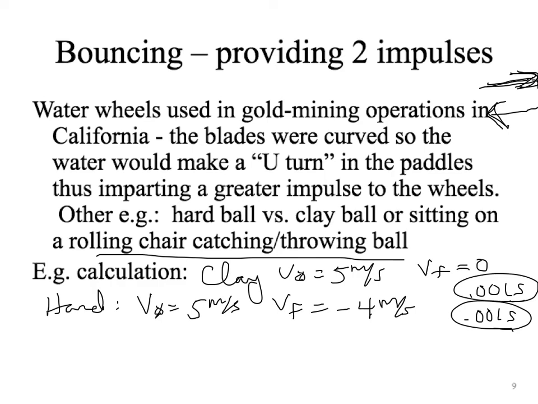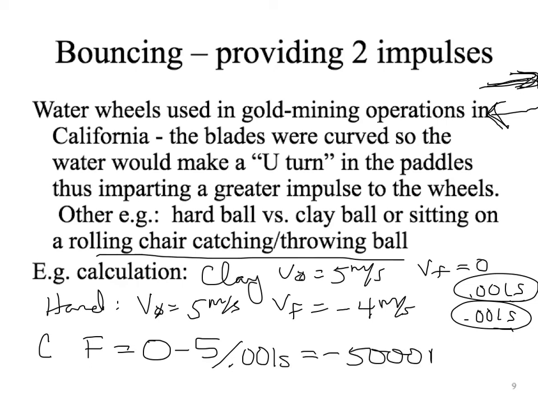Okay, so if we look at the clay one, let's do the clay one first. I'll just say C. The force is going to equal the final velocity minus the initial velocity over the time. And you'll get negative 5,000 newtons of force. Okay? Now, let's do the hard one.